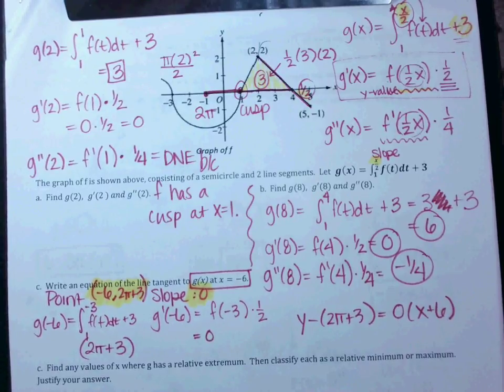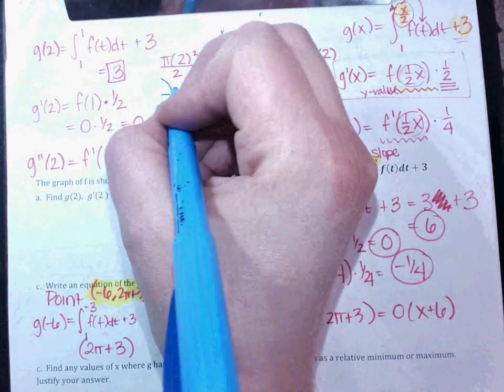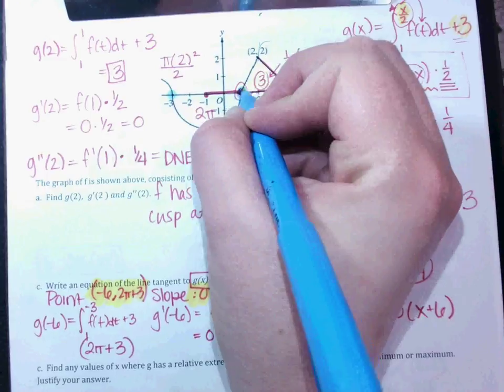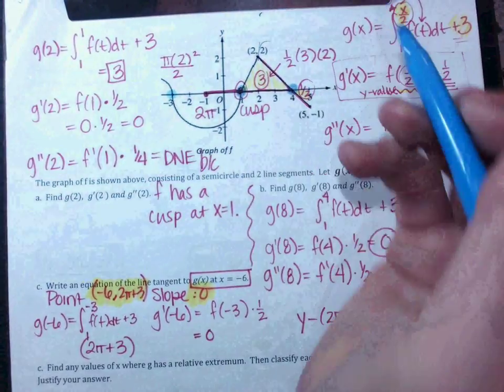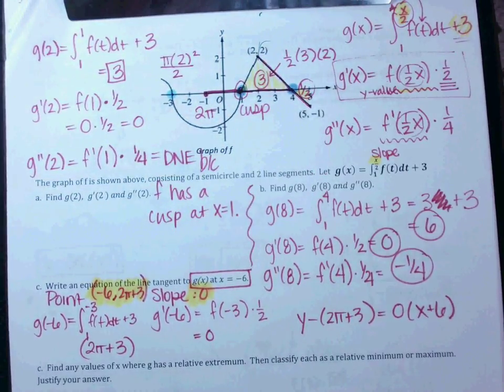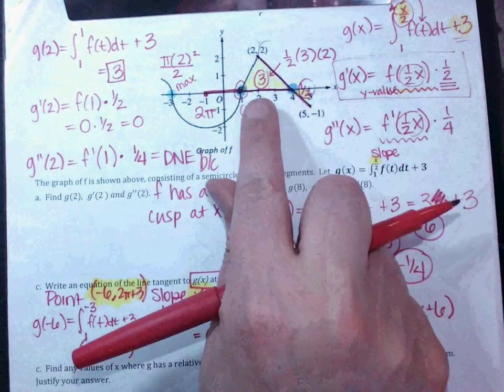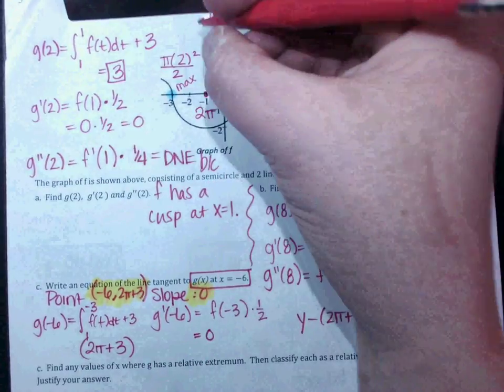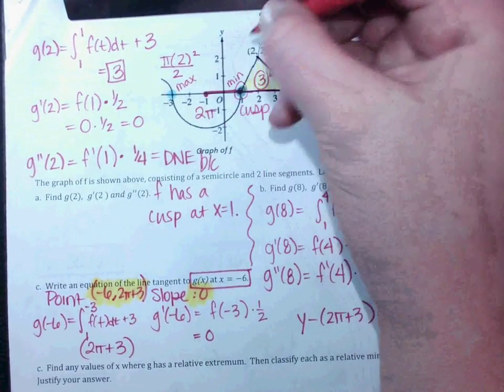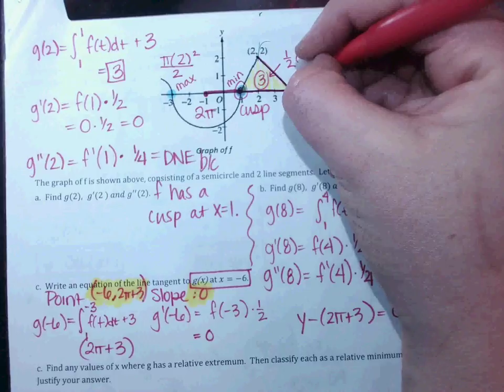So how many places does your graph pass through the x-axis? 3 times. 1 here, 1 here, and 1 here. Okay? -3 is a min or a max? Which one? Max. Okay, 1 is a min or a max? Min. And 4 is a max.